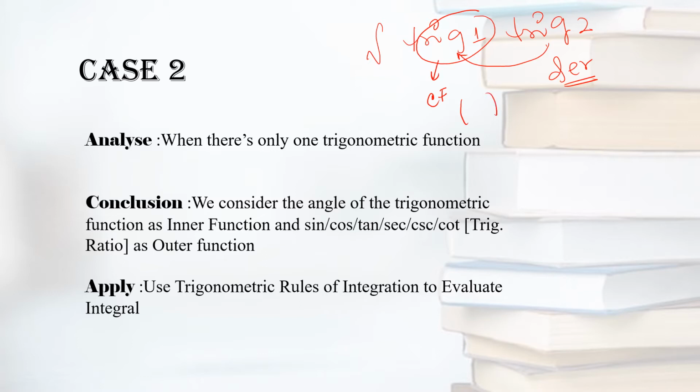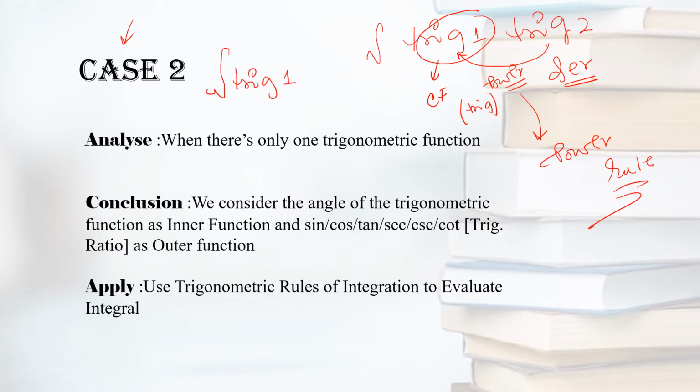consider the function as the inner function and always consider the power as the outer function. Why? In order to apply the power rule. Now here in this video we will put some light on case number 2. What if you have only one trigonometric function?